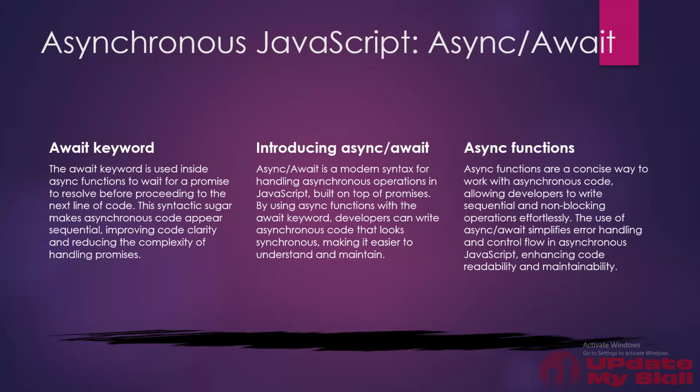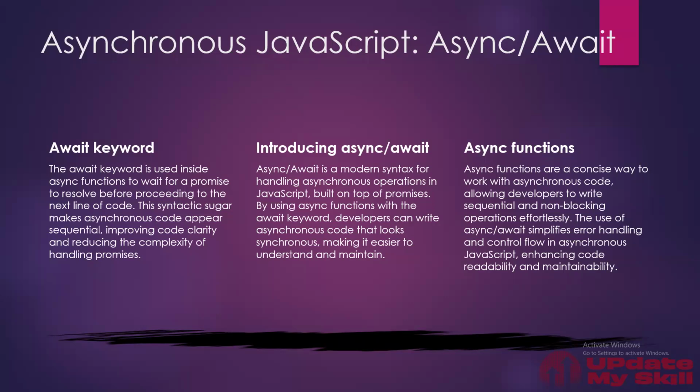Async functions are a cohesive way to work with asynchronous code, allowing developers to write sequential and non-blocking operations effortlessly. The use of async await simplifies error handling and control flow in asynchronous JavaScript, enhancing code readability and maintainability. It's nothing but advanced.